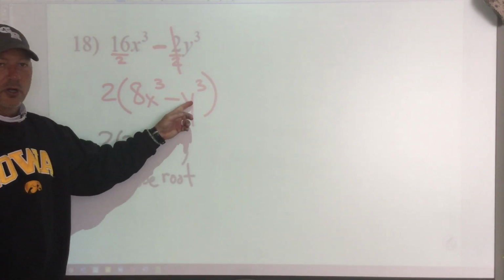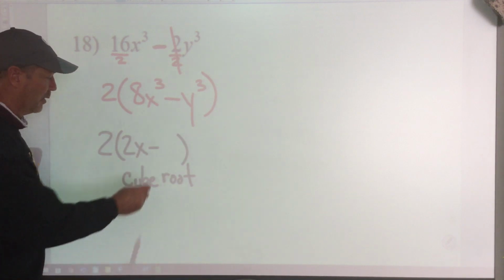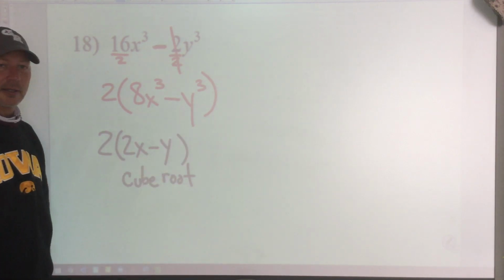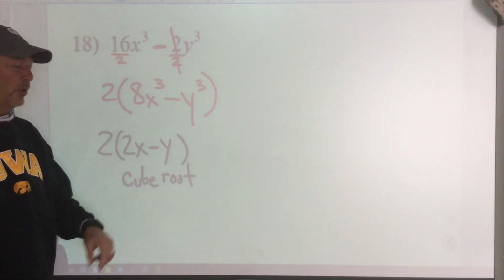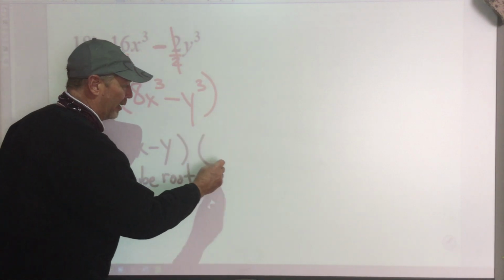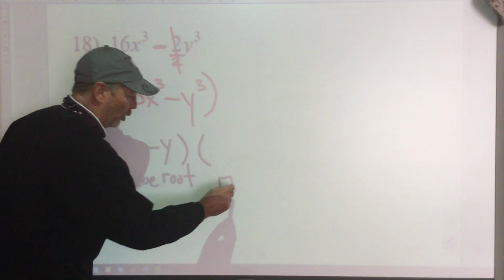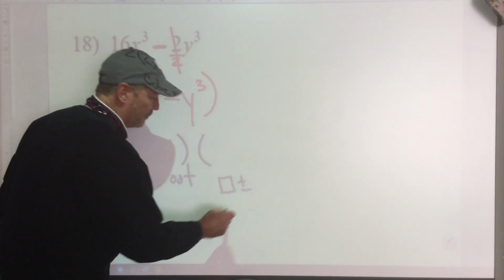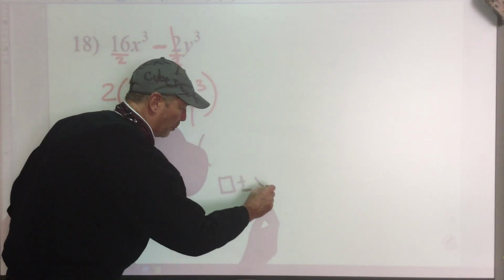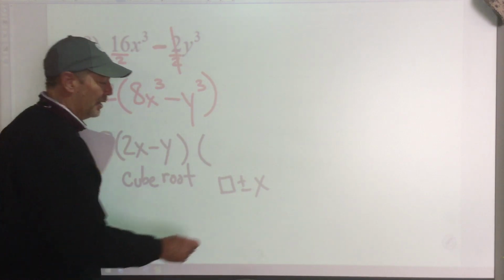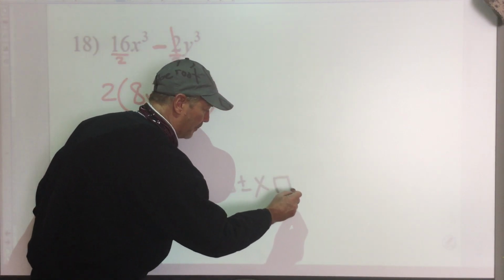What is the cube root of y to the third? Y. In the second parentheses, we're going to do our pattern. Remember, we're going to square. We're going to change the sign. We're going to multiply. And then we're going to square the back term.